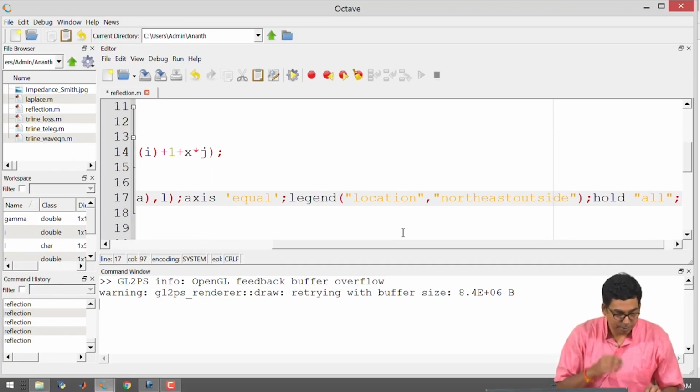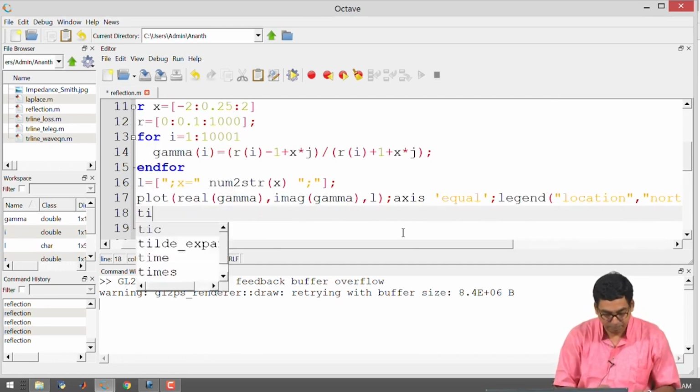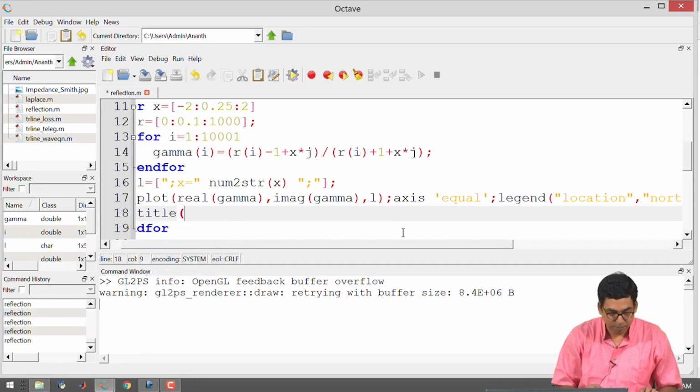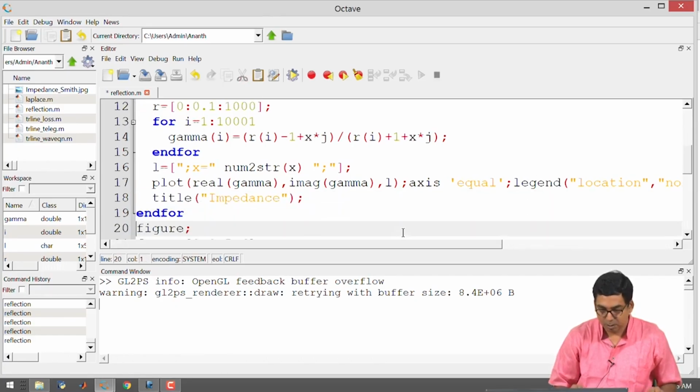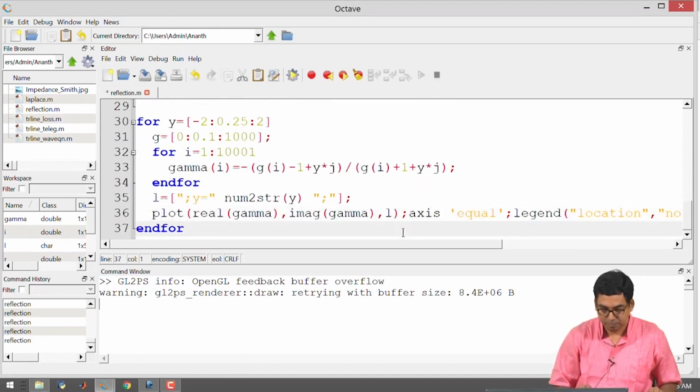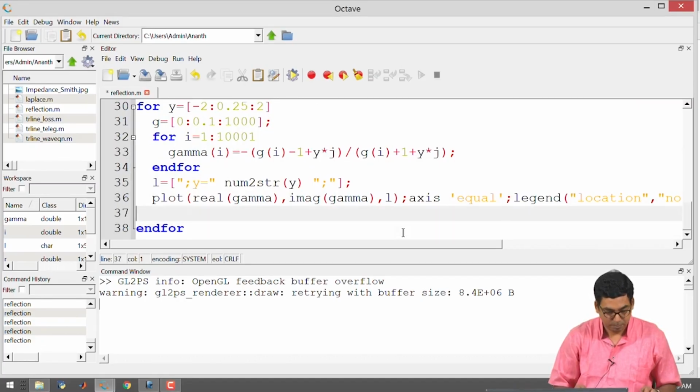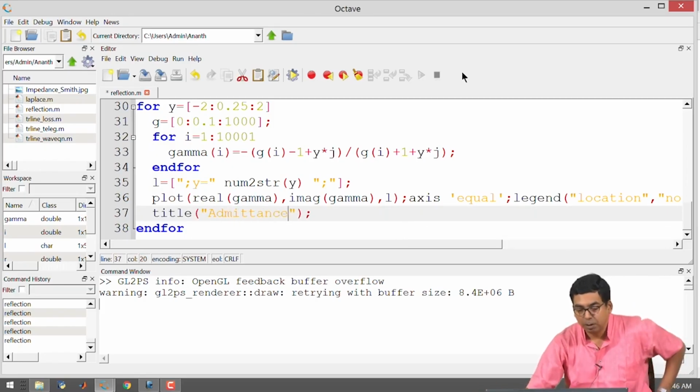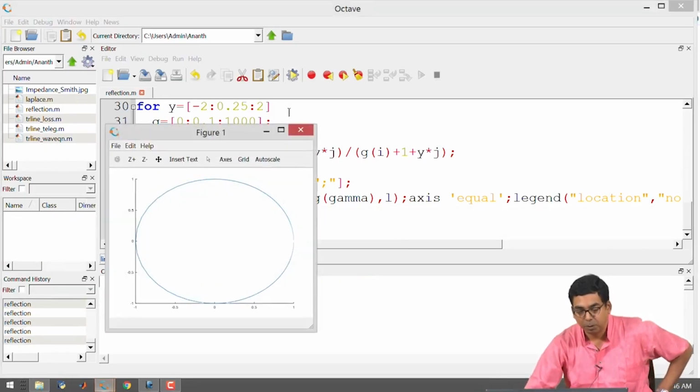I will just call this as impedance, right. I'm going to call the second one as admittance. I'm going to run the program.